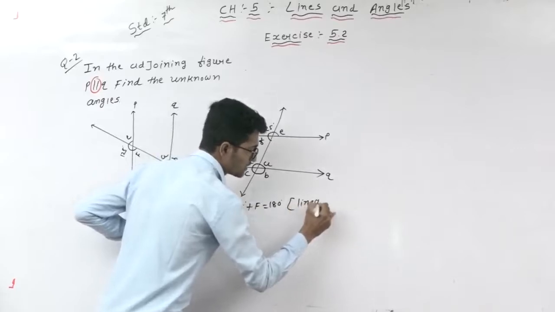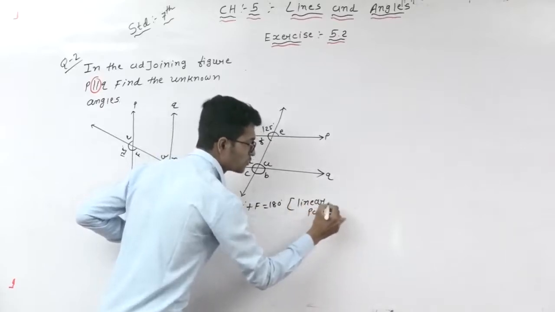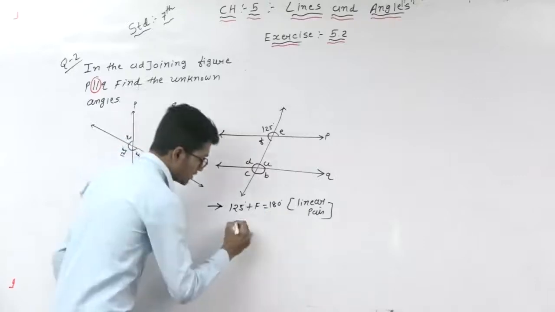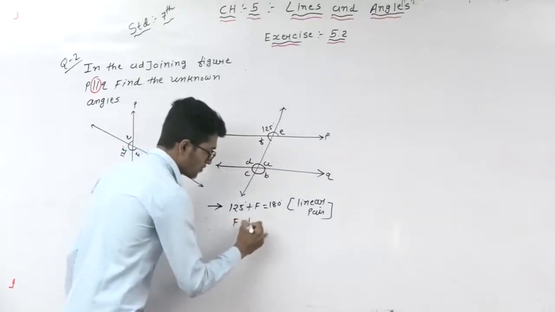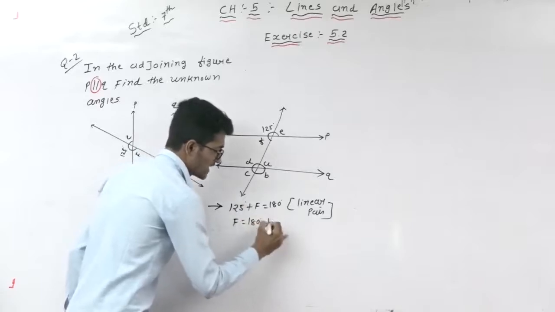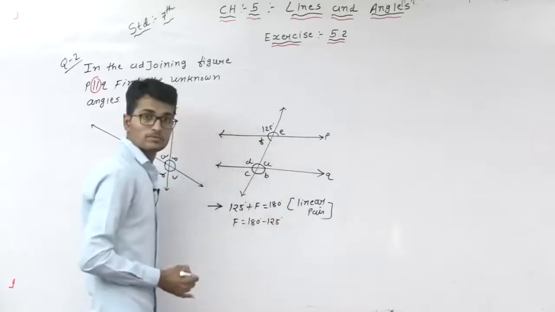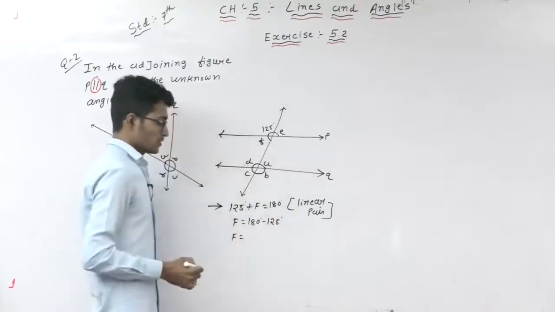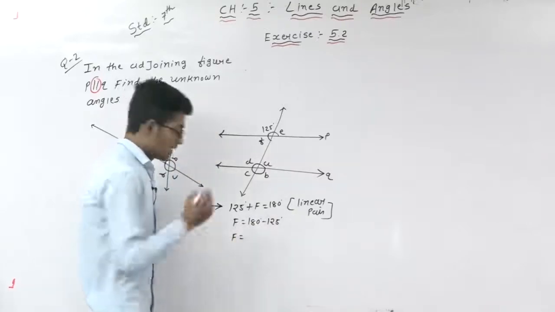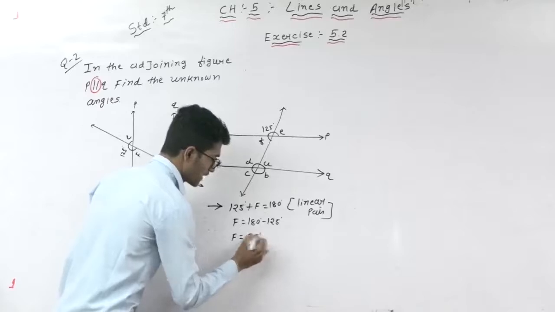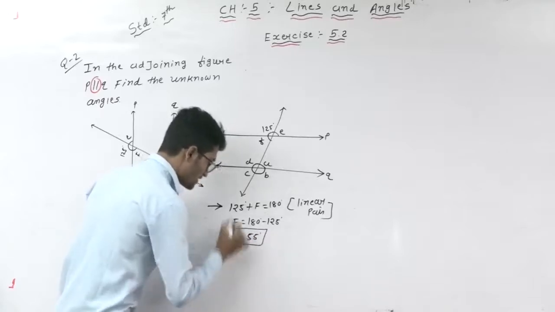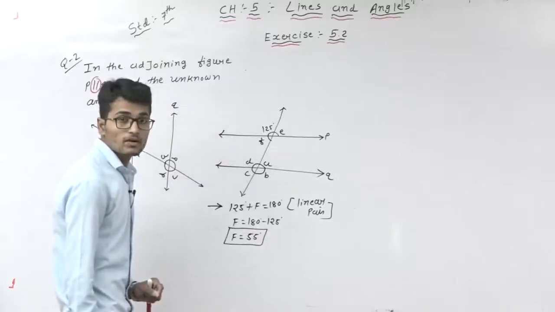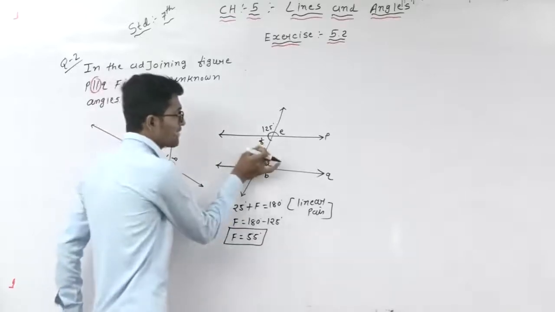Because this is a linear pair, and the addition of two angles of a linear pair is equal to 180. Now 125 moves to the other side, so F is equal to 180 minus 125, which is 55. So F is equal to 55. F is done.